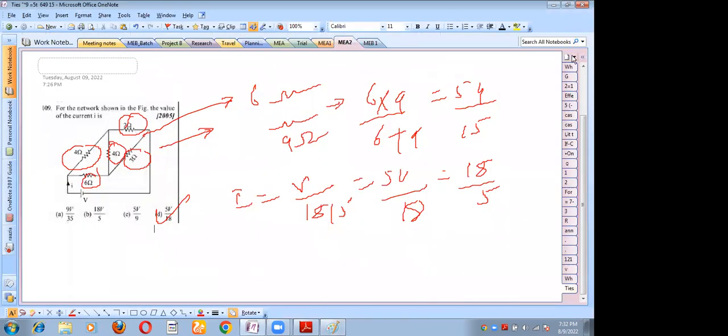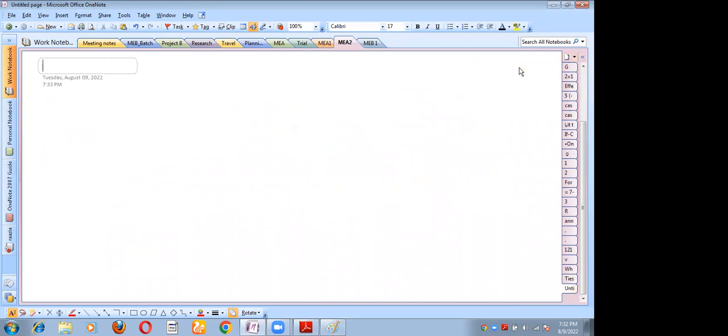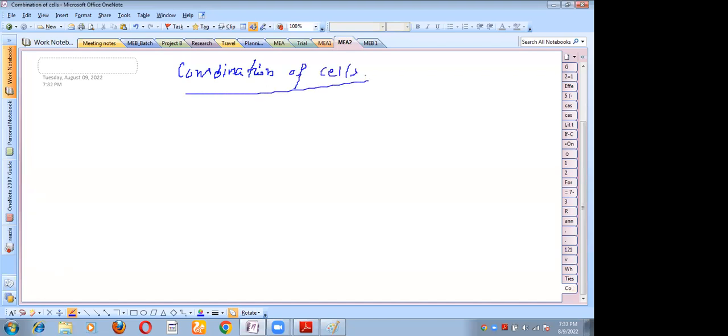Now moving to the next concept, that is combination of cells. In the same way as combination of resistances, we have combination of cells. Basically, there are three: series, parallel, and mixed.